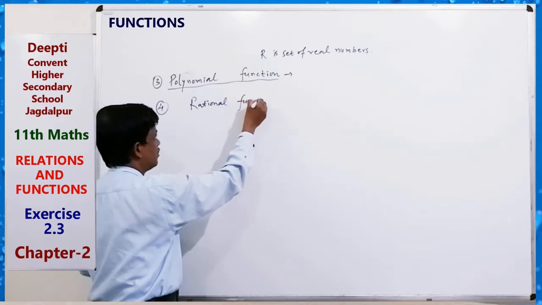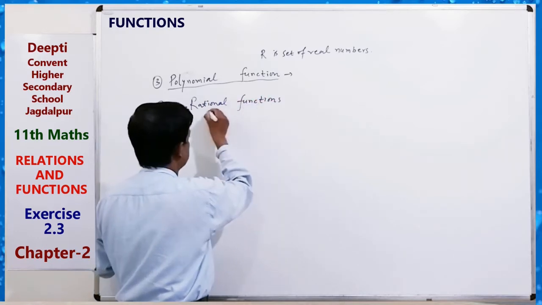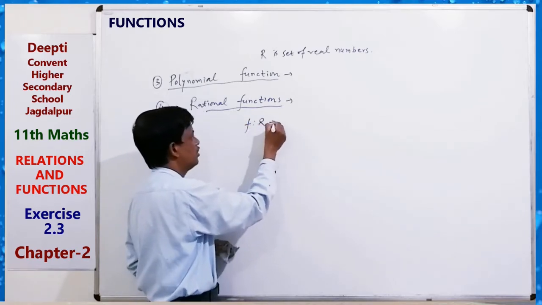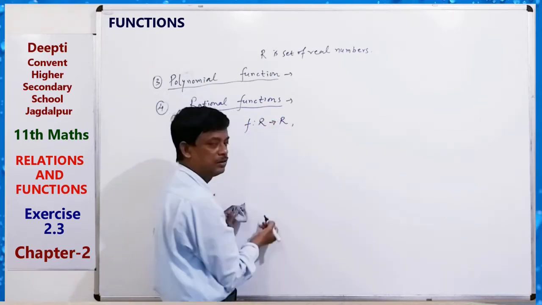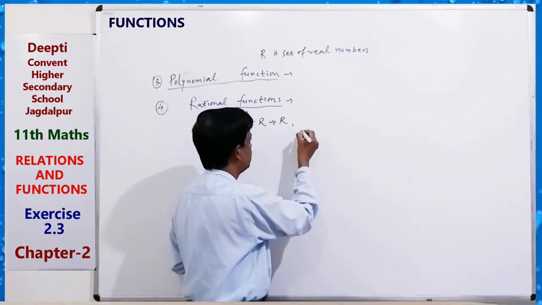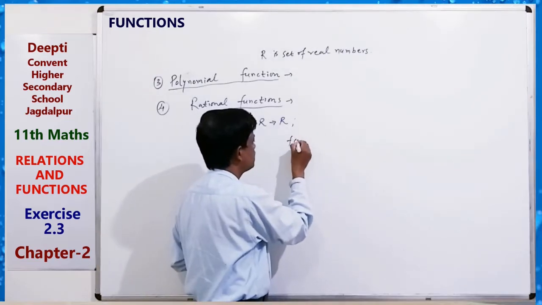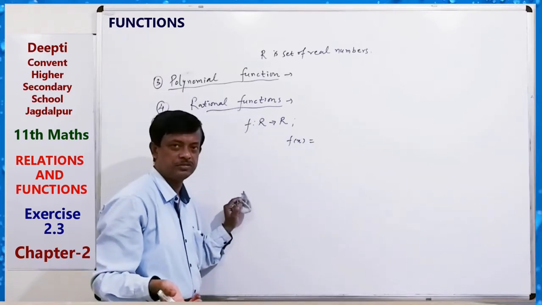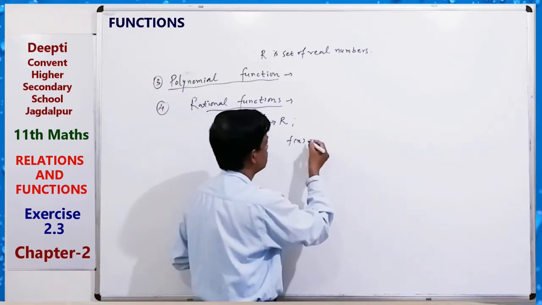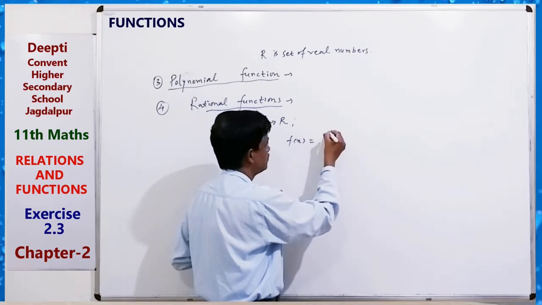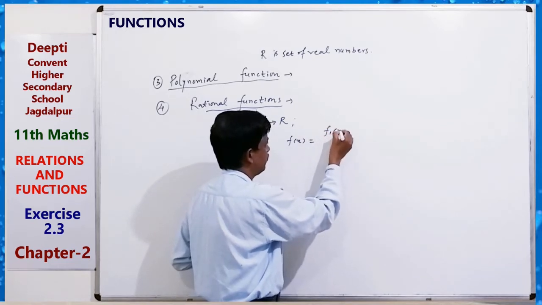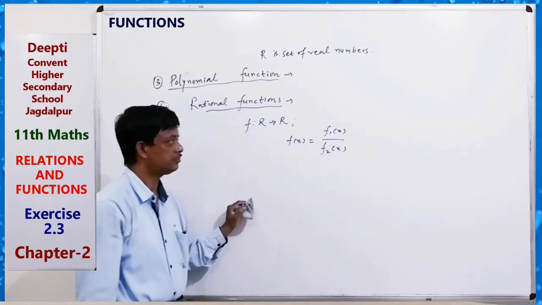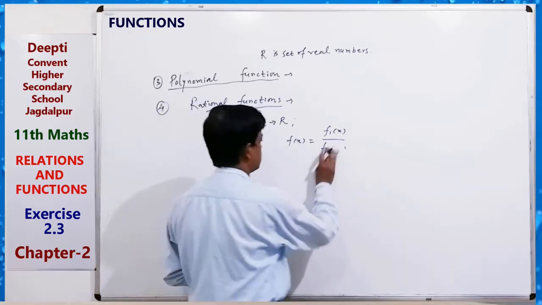A rational function means f from R to R such that f(x) equals f1(x) upon f2(x), or p1(x) upon p2(x).